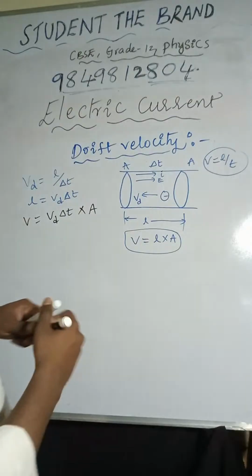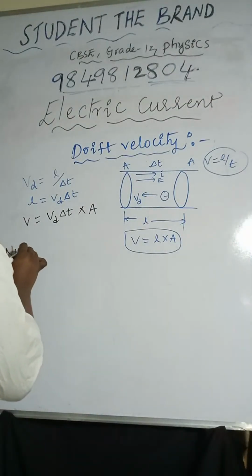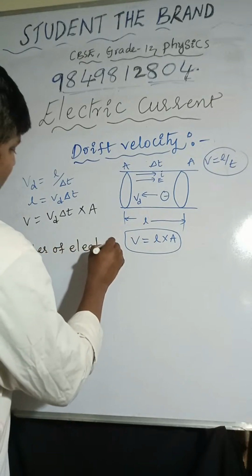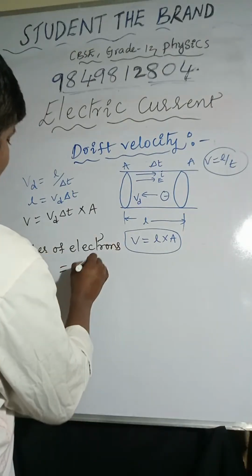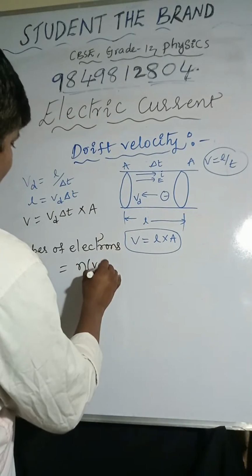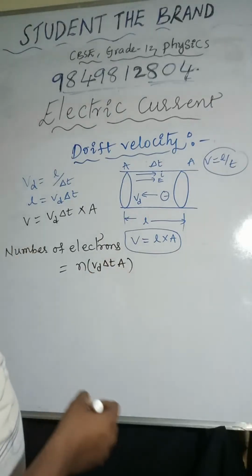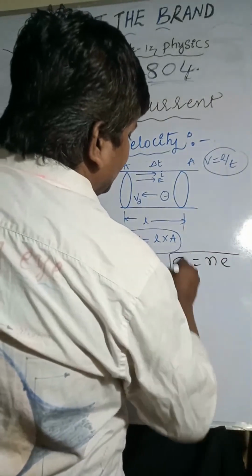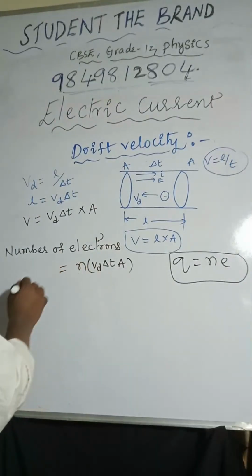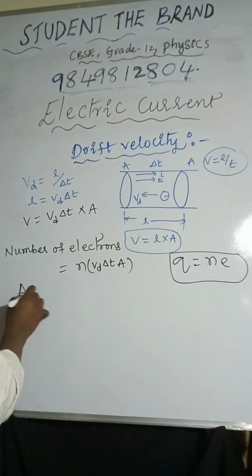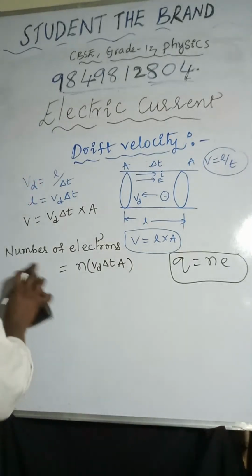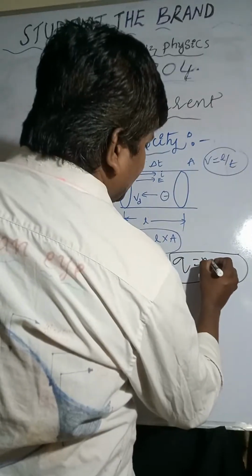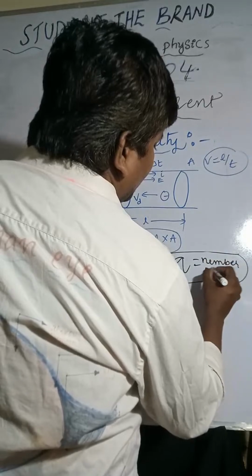That is the number of electrons, n into Vd into delta t into A. Now we know quantization of charge, n into e. So this is the total number of electrons I am taking. Then delta Q equals number of electrons into e.